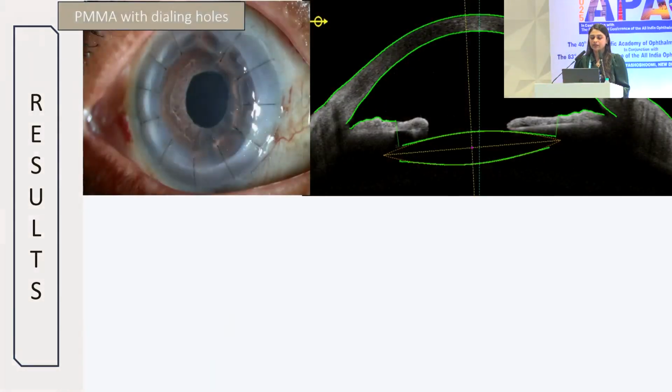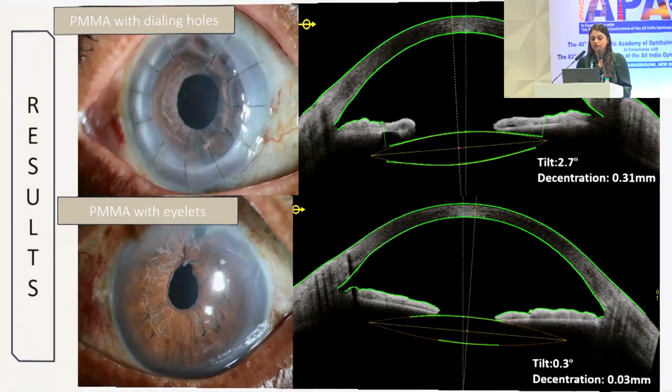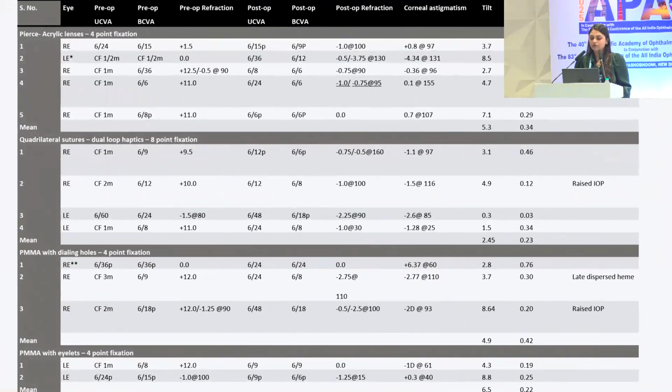This is the PMMA IOL with dialing holes, in which a full thickness penetrating keratoplasty was also done. So especially in corneas which are previously compromised, this technique is a lot more helpful. This is a patient in which PMMA with eyelets, again because of suture dehiscence, also shows very good centration. So these are the details of all the patients which were analyzed.